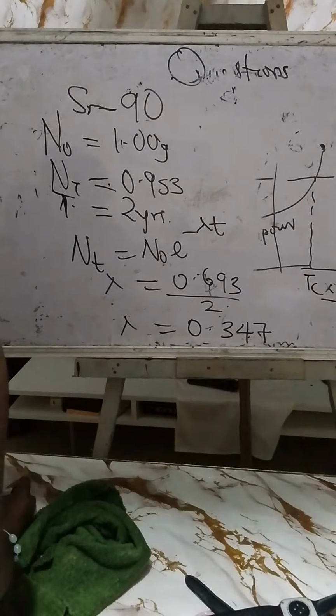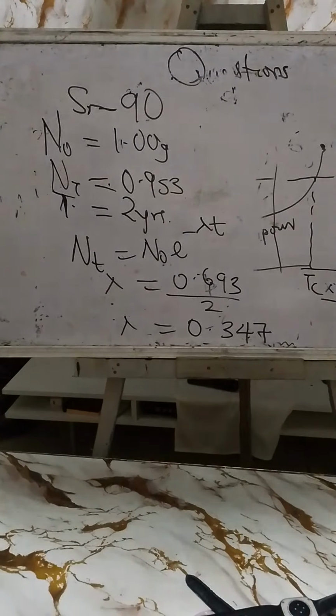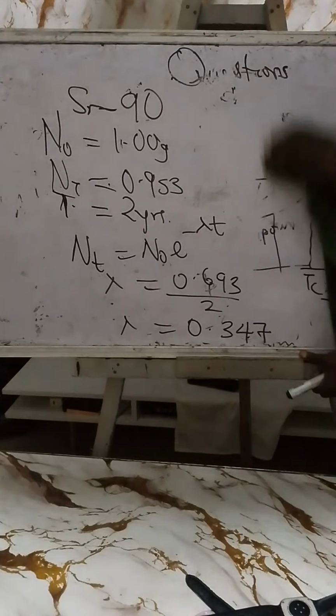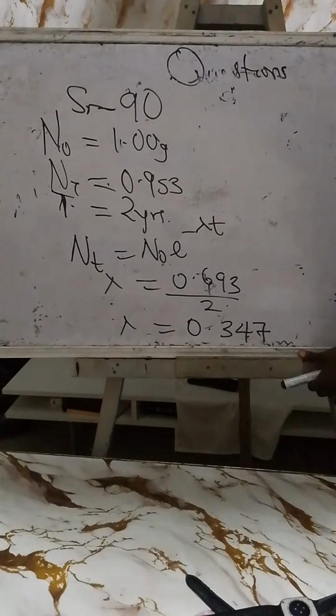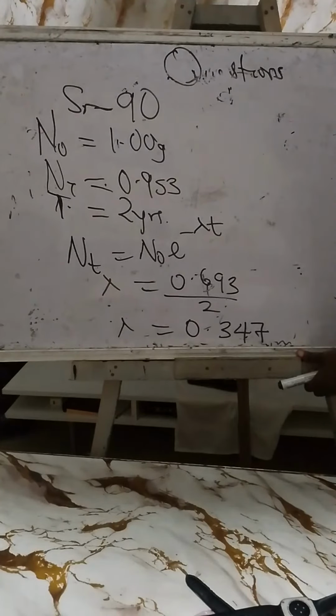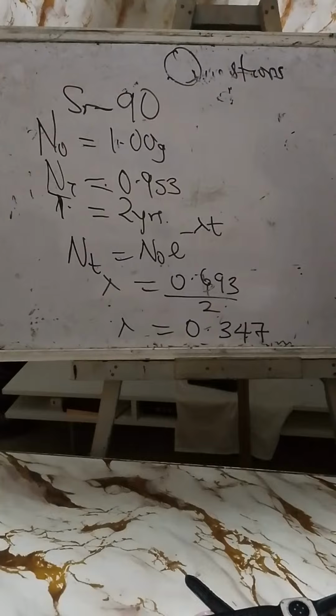So if you have gotten your decay constant to be that, the next thing is to calculate the half-life. You will now use the formula. They said the original was 1.00. Then after 2 years, we have 0.953. Next, the decay constant was 0.347.